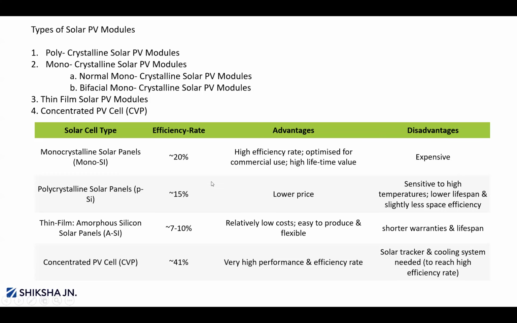Here you can see a simple table for comparison. On efficiency, monocrystalline modules now offer 22, 21, 20%; all modules are above 20%. High efficiency, optimized for commercial use, high lifetime, but it is expensive.